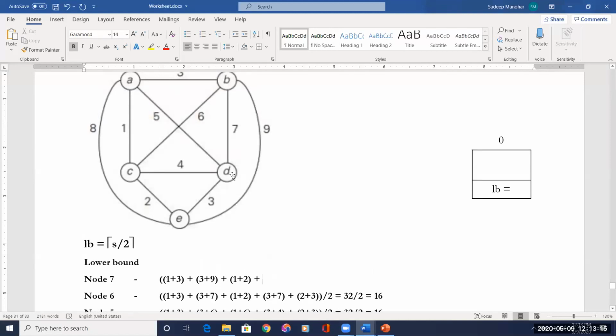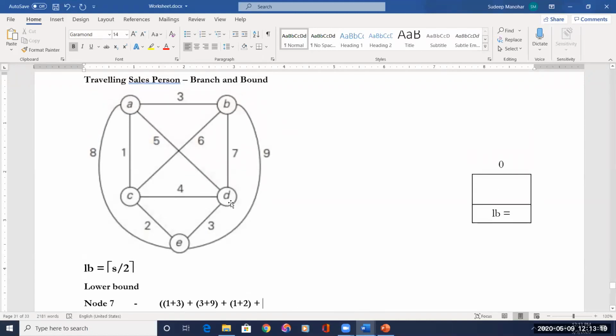For D, this 3 and 9 doesn't make any effect. Therefore, for D, the minimum are 3 and 4. For E minimum is 2 and 3, but compulsory edge is this 9. 9 has to be considered. Therefore, 2 plus 9.